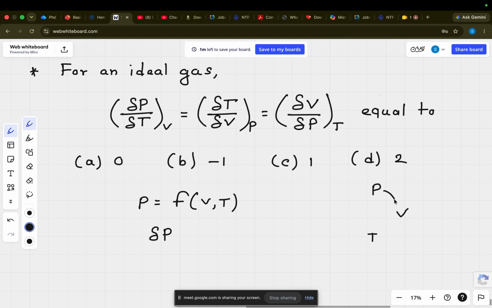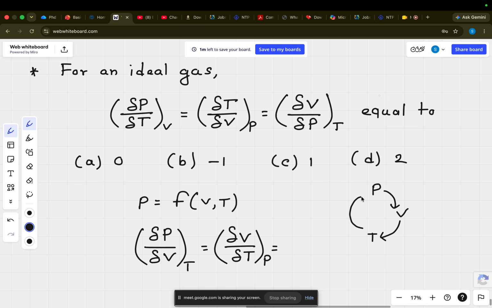First we move from P to V, so I can write del P by del V at constant temperature. Then we move from volume to temperature, so it will be del V by del T at constant pressure.